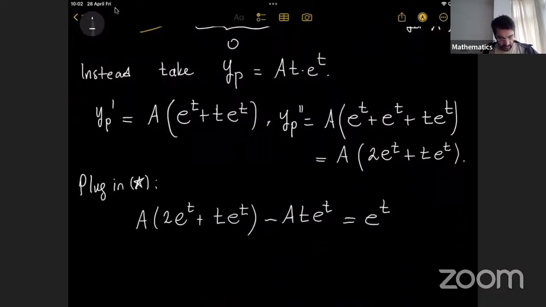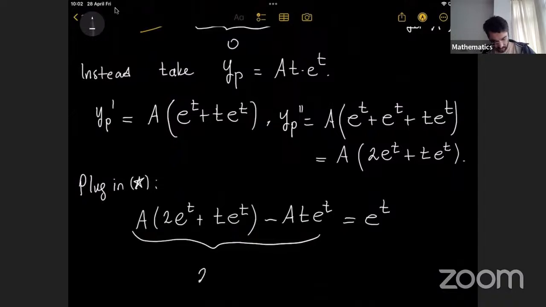Well, the nice thing is now, we have a cancellation, right? 2a e to the t is equal to e to the t, which implies a is equal to 1/2 will give the particular solution.